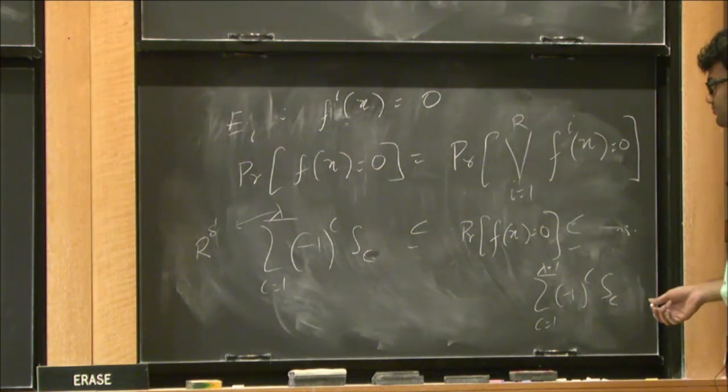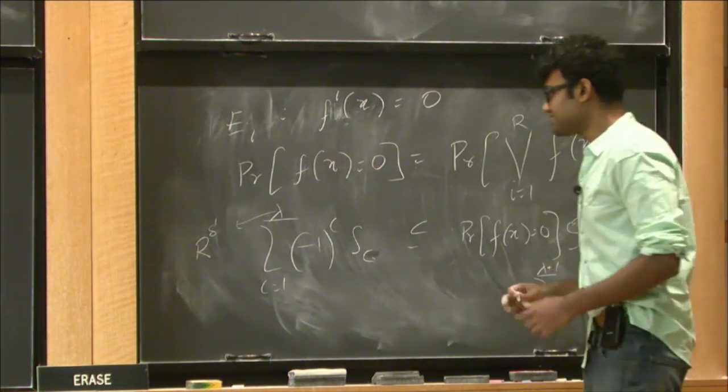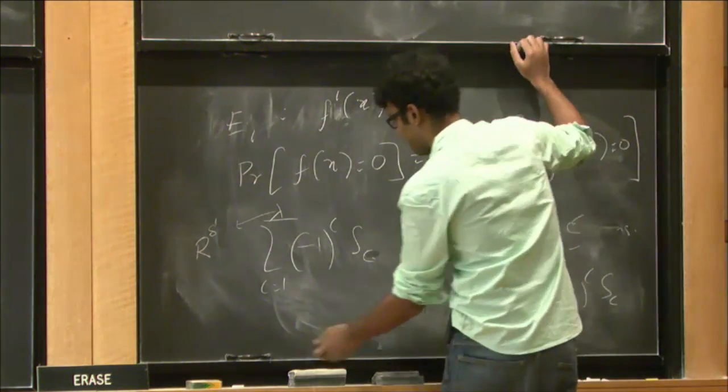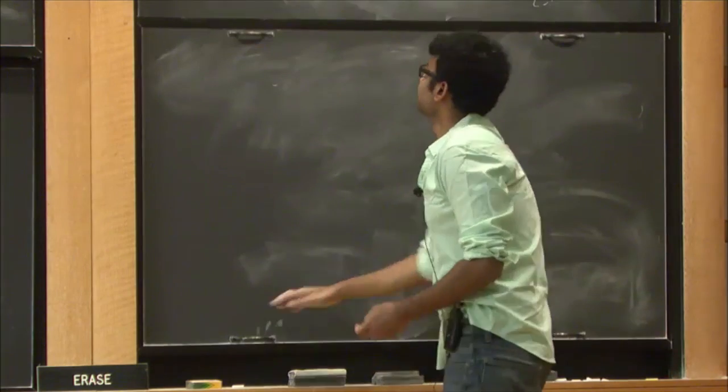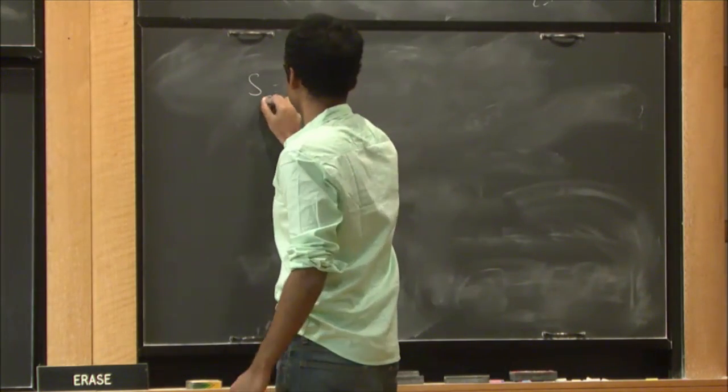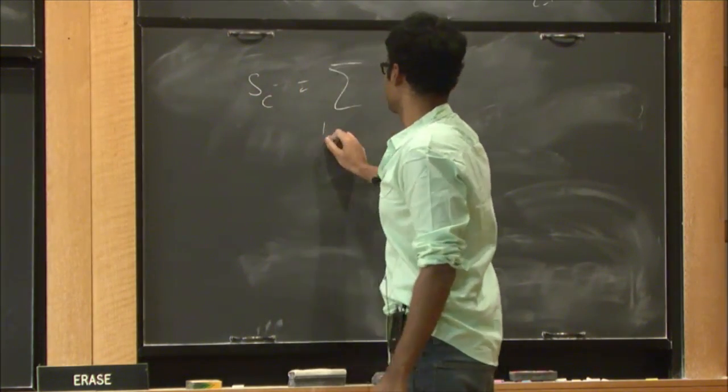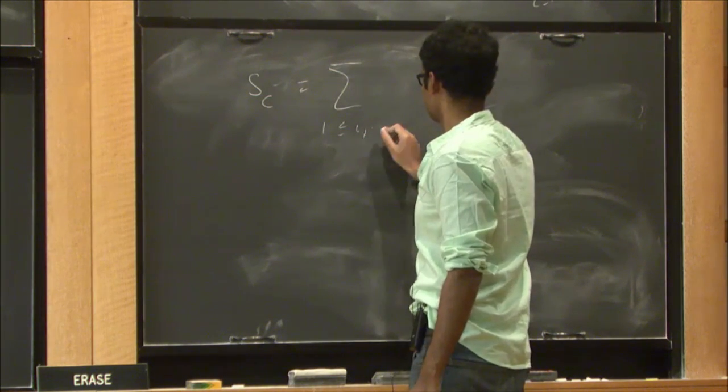And where each, so any set looks like 1 is less than I1, say J1.